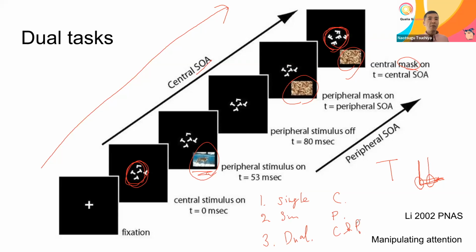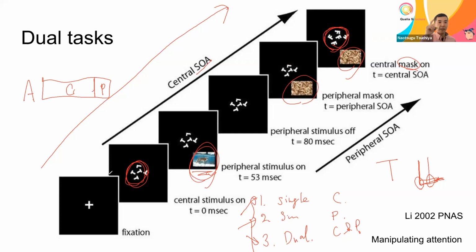Notice that under all these three conditions, the sensory input to the brain is exactly the same, right? What's different in each condition is your mental allocation of attention, either to the center only, or peripheral only, or both. If attention is a limited resource, you can allocate attention to the center, and then a little bit to the periphery.